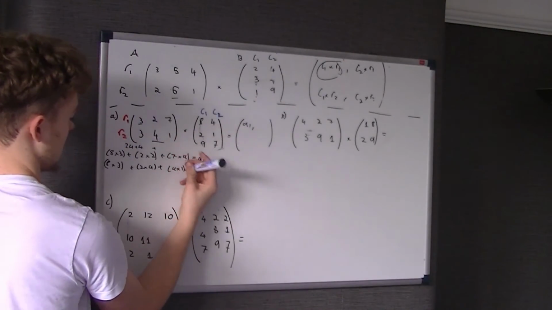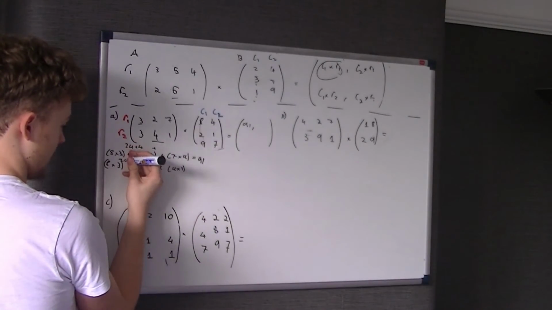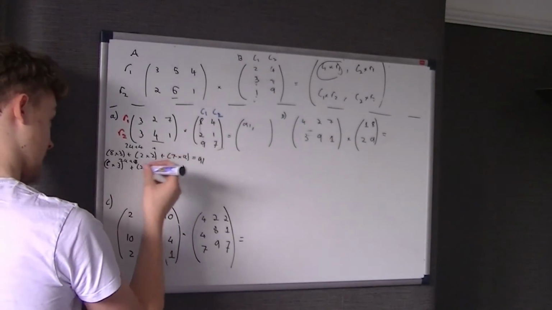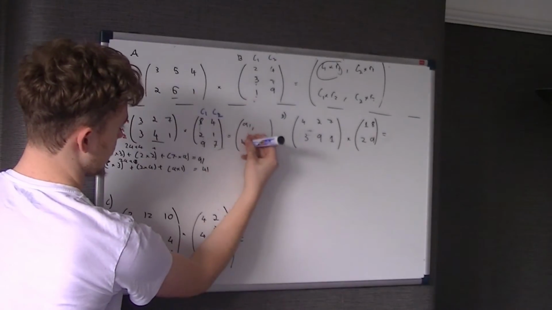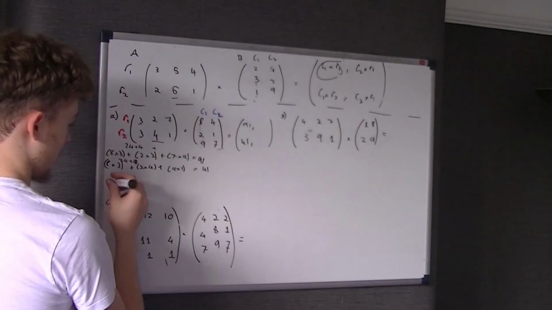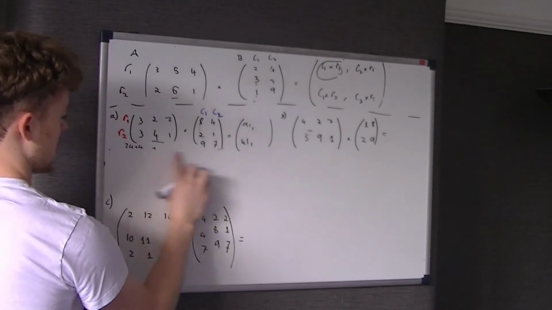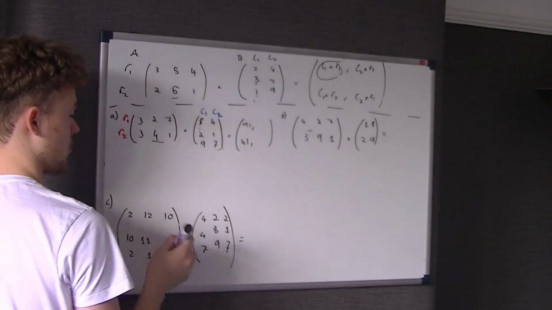So we've got 24 plus 8, which is 32, and you add 9 to that, which gets you 41. In the bottom left, where it's column 1 times row 2, we've got 41. I'm just going to quickly rub that out, because I need a bit more space. Hopefully you understood how we got column 1 times row 1 and column 1 times row 2.